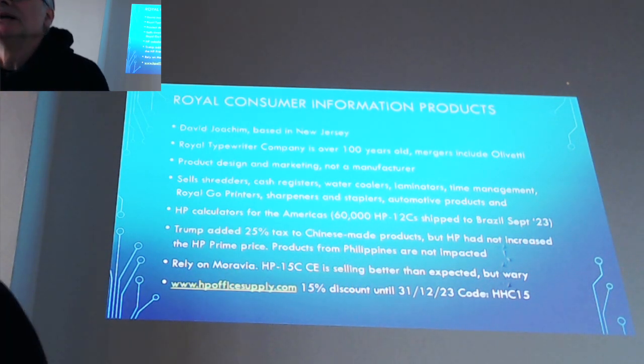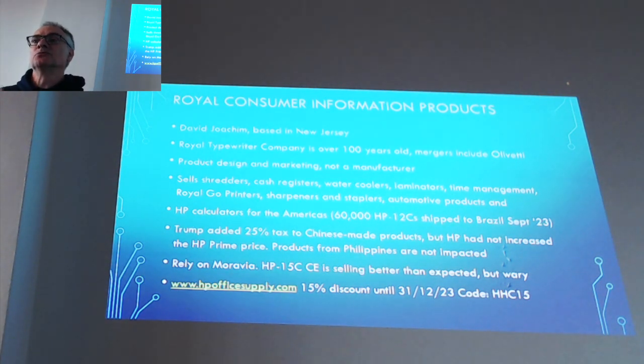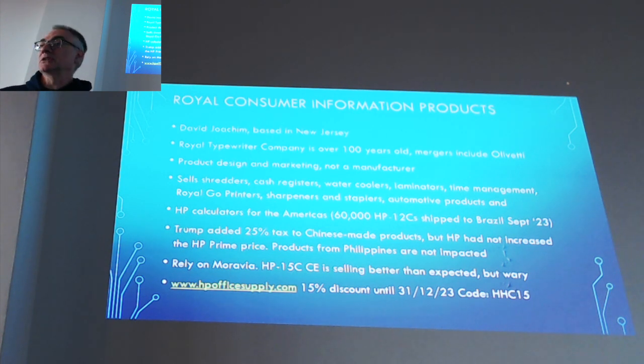Okay. So we then had David Joachim from Royal. So you know that Royal are the HP licensee for the Americas, whereas Moravia are the licensee for the rest of the world. The Royal Typewriter Company is over 100 years old.